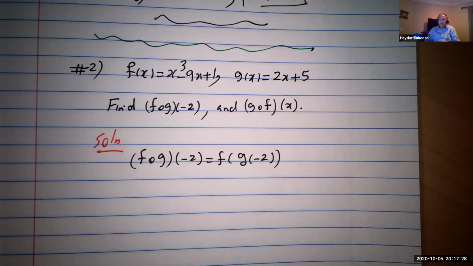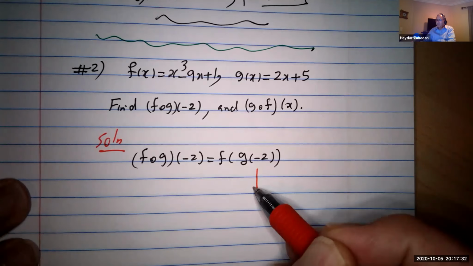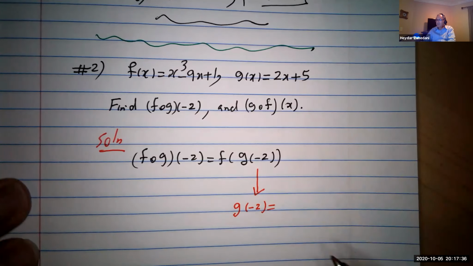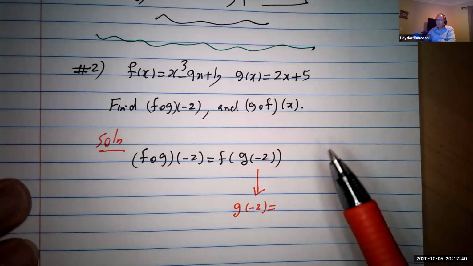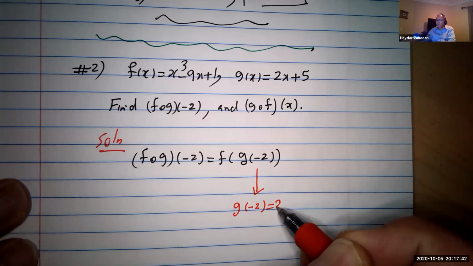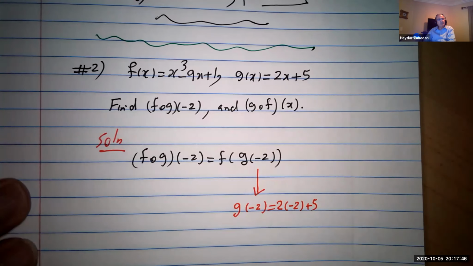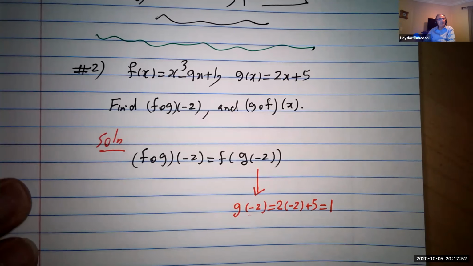What is g of -2? Stop, find g of -2. Go to the g function, substitute. You see, this is the g function. You replace the x by -2, so that gives you 2 times -2 plus 5. 2 times -2 would be -4. -4 and 5 would be 1. So g of -2 is 1.